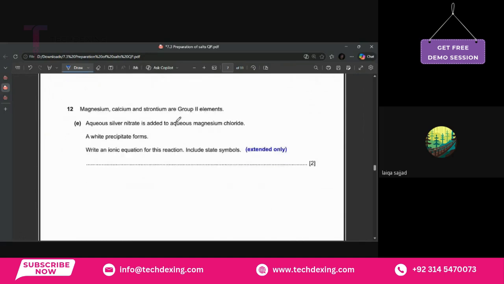Then we are given magnesium, calcium, and strontium are group 2 elements. Aqueous silver nitrate is added to aqueous magnesium chloride. A white precipitate forms. Write an ionic equation for this reaction. Include the state symbols as well.